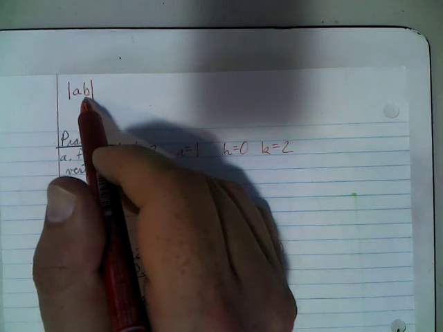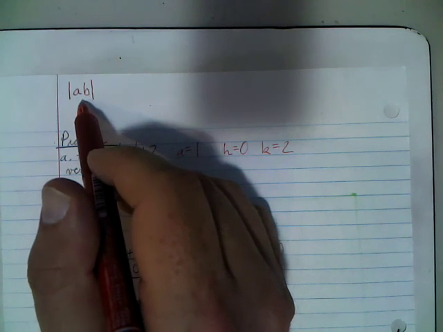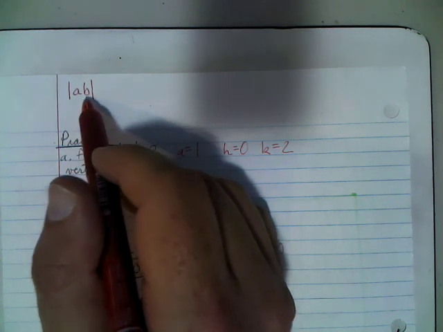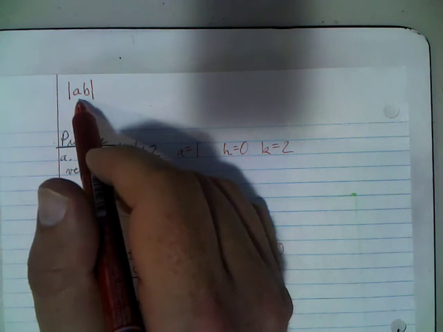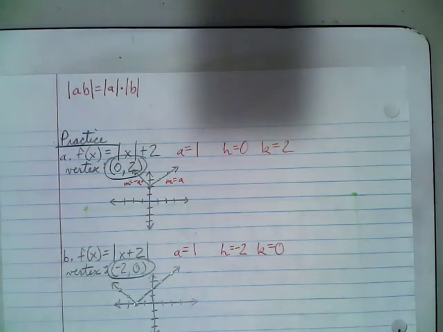They could both be positive, in which case it'll still be positive. So it doesn't really matter if either of them has a negative, it's just in the end going to go away. One way or another, that negative is going to go away. And so it turns out that this is the same as each of these absolute values multiplied separately.